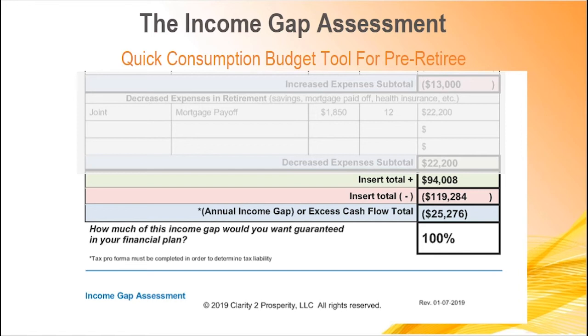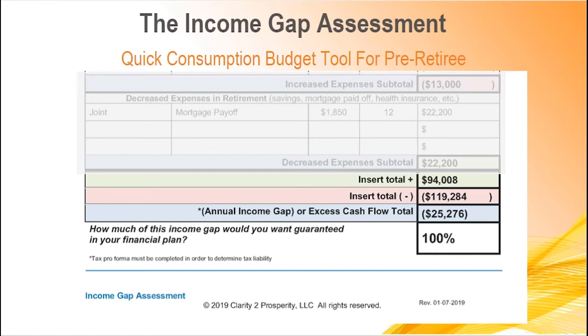And then the red section is income lost in retirement plus any increased expenses. As you may remember earlier, they were going to lose about $106,284 from Cleveland Clinic and Avon Schools. And they were also going to have increased expenses of $13,000. So if you add up those two boxes shaded in red, you get $119,284 as the amount that they're going to lose in retirement.